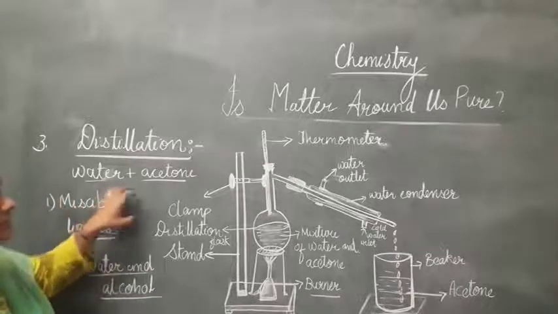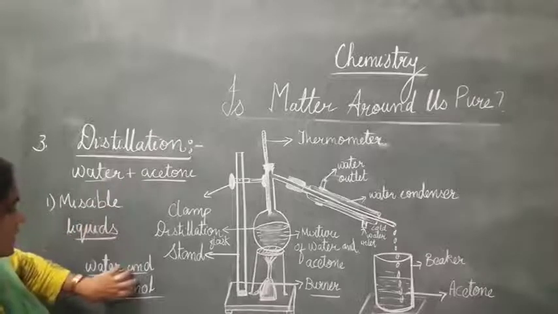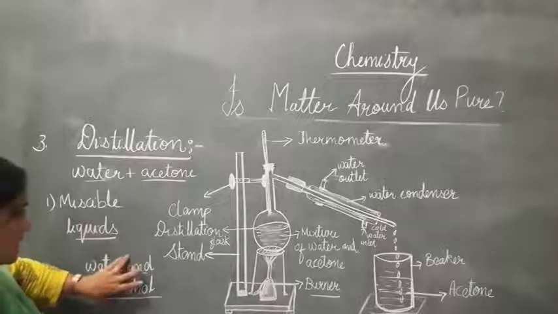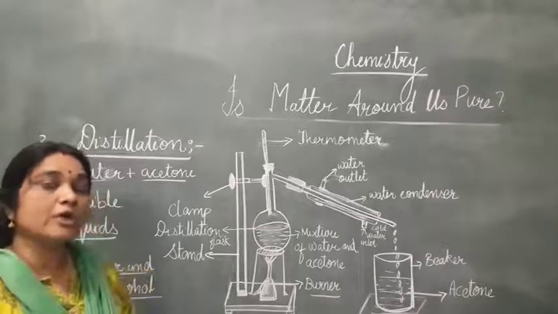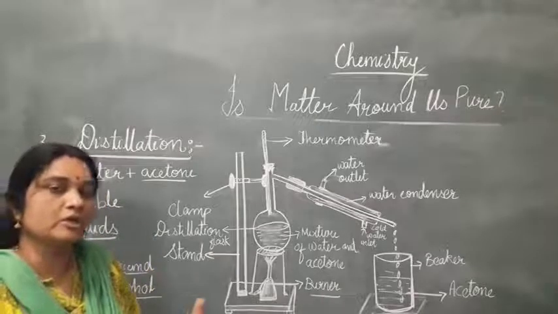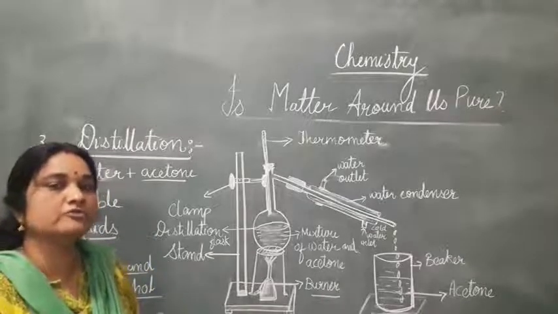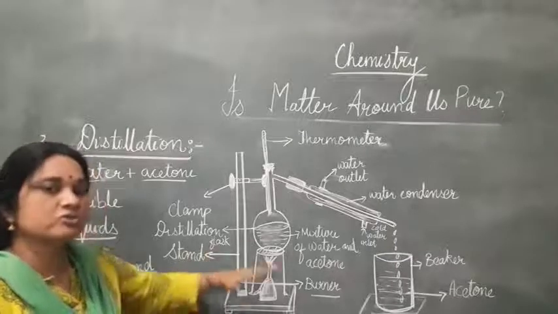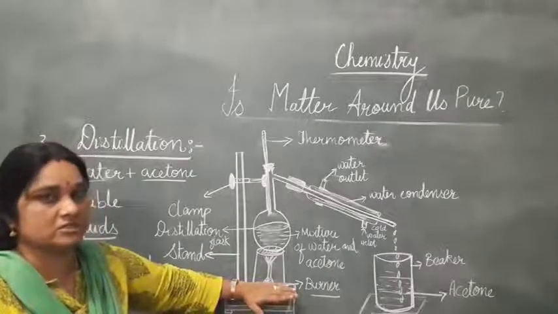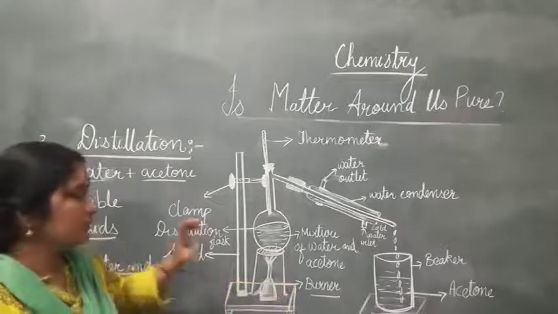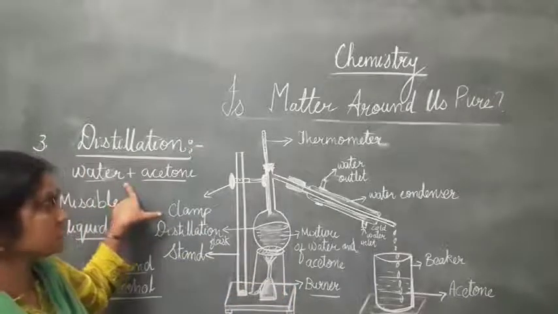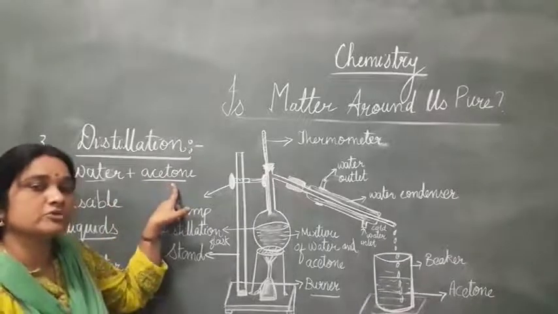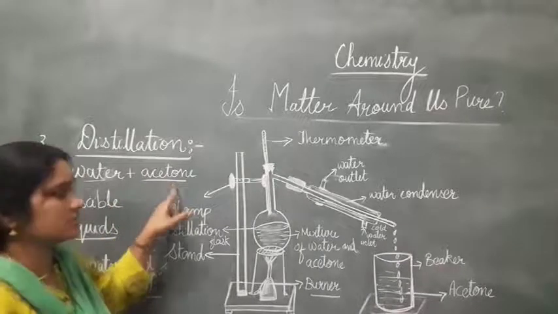So here the main principle is that we take liquids which are miscible, and there should be a lot of difference between the boiling points of the two miscible liquids. Then we can use this method known as distillation. What is the boiling point of water? 100 degrees Celsius, whereas the boiling point of acetone is less, it is 56 degrees Celsius.